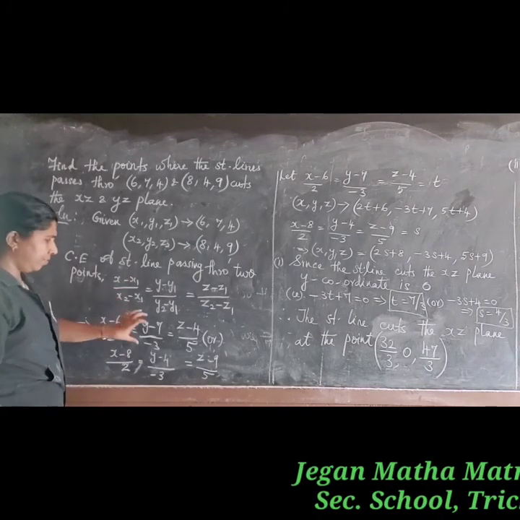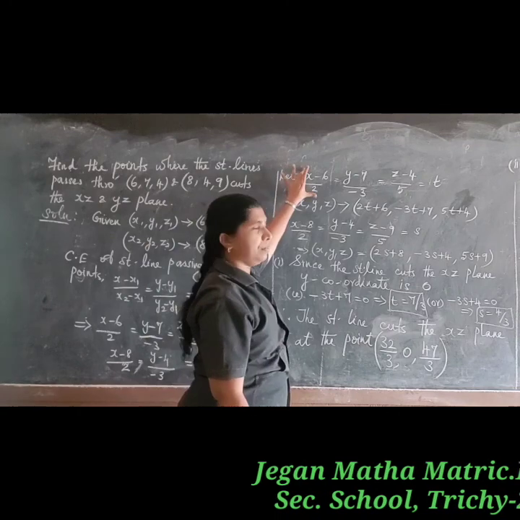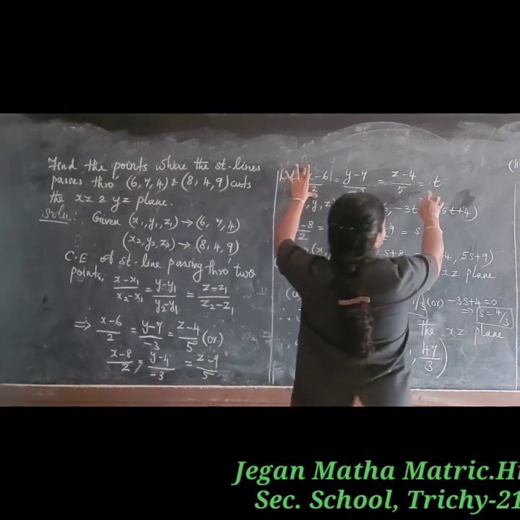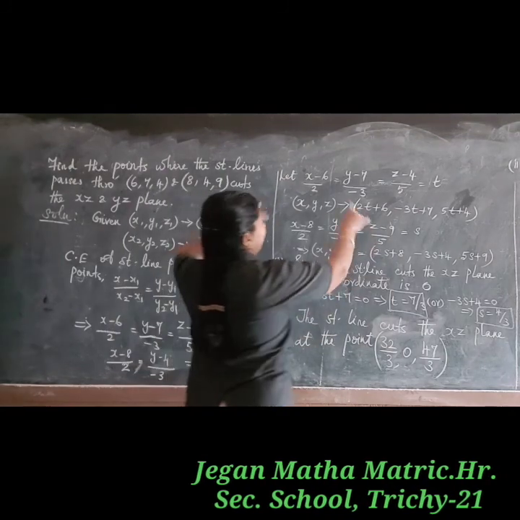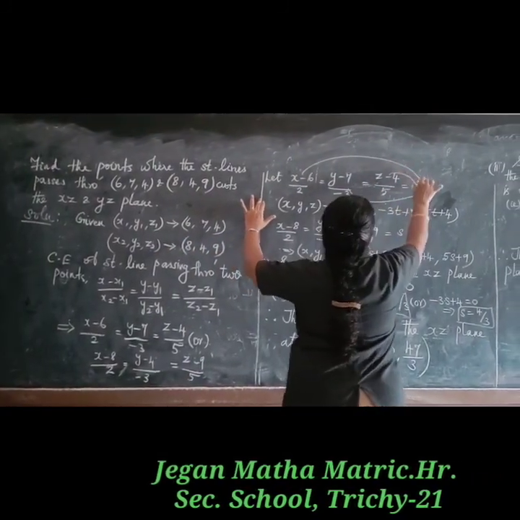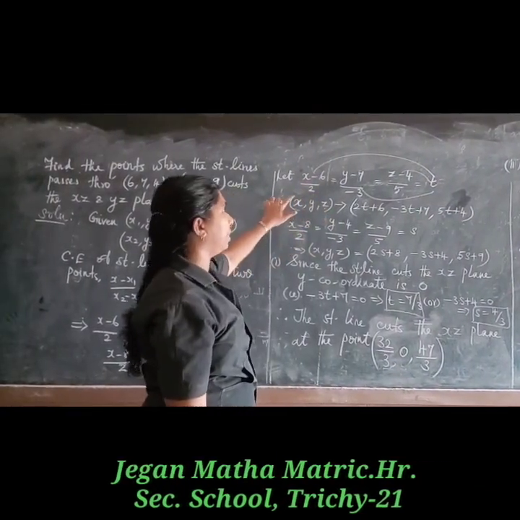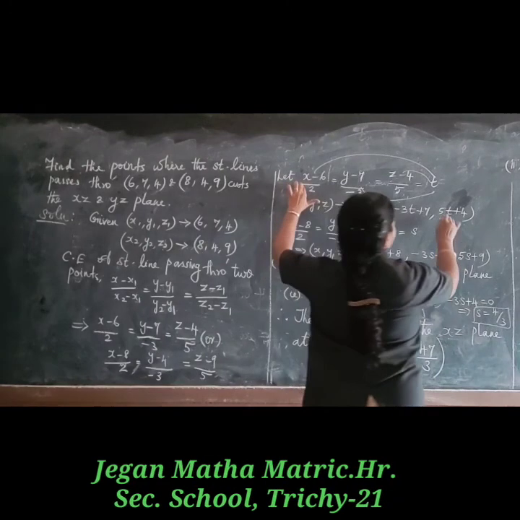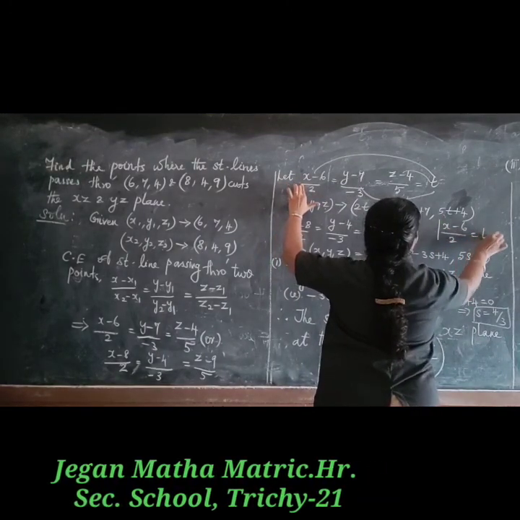Now, we want to find the point of intersection. For that, we take the first equation and assume it equal to one variable. When you equate each one separately, we will get the x, y, z values. That is, (x minus 6) divided by 2 equal to t.